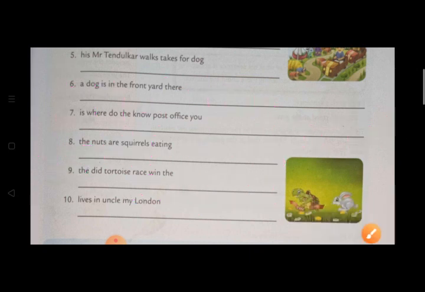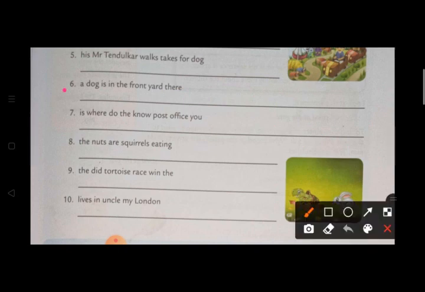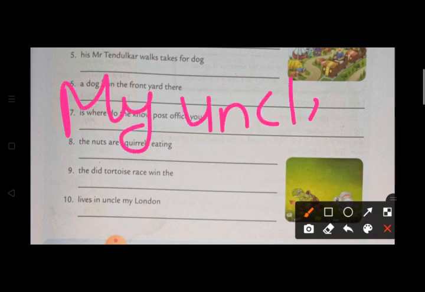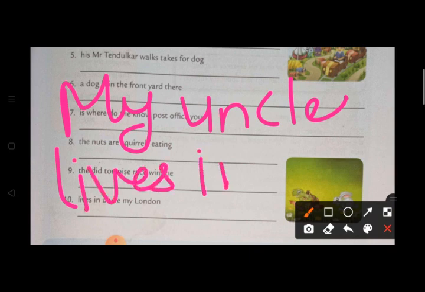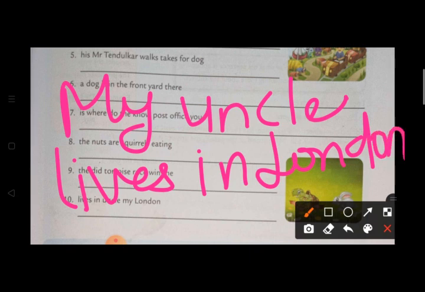Now let's see the last one. Lives in Uncle My London. So here the sentence formed would be my uncle lives in London. Okay. You need to put a full stop over there. Okay. I don't think it is visible, but you have to put a full stop after London.